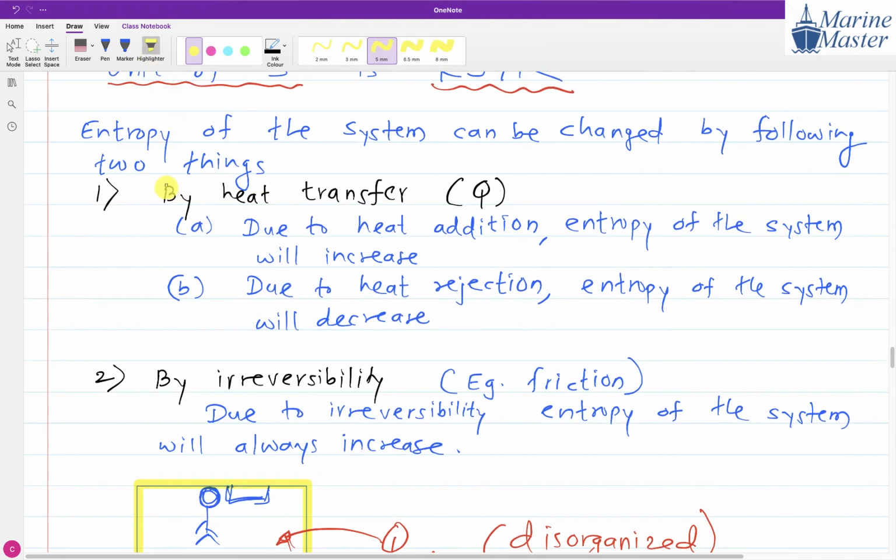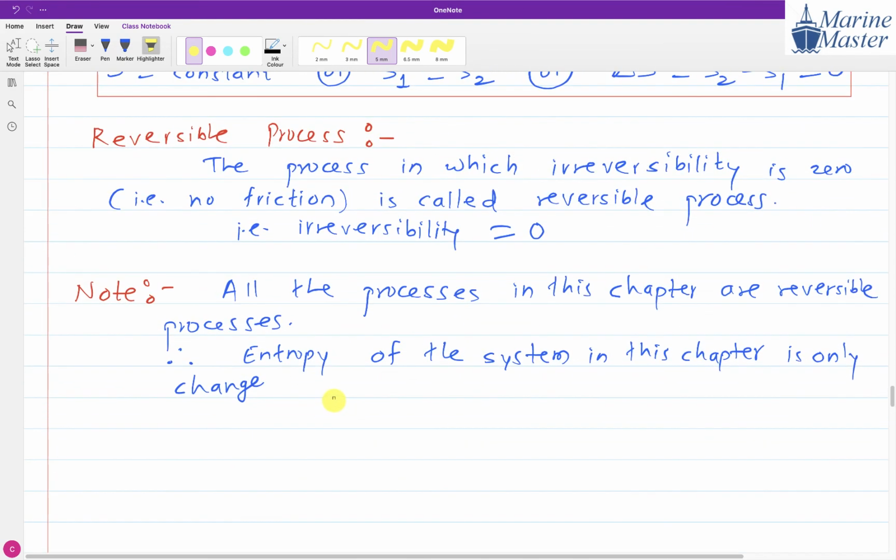First is heat transfer, in which there are two things: heat addition and heat rejection. And second is irreversibility. Now, if irreversibility is 0, then entropy of the system in this chapter is only changed by heat transfer, which may be heat addition or heat rejection.